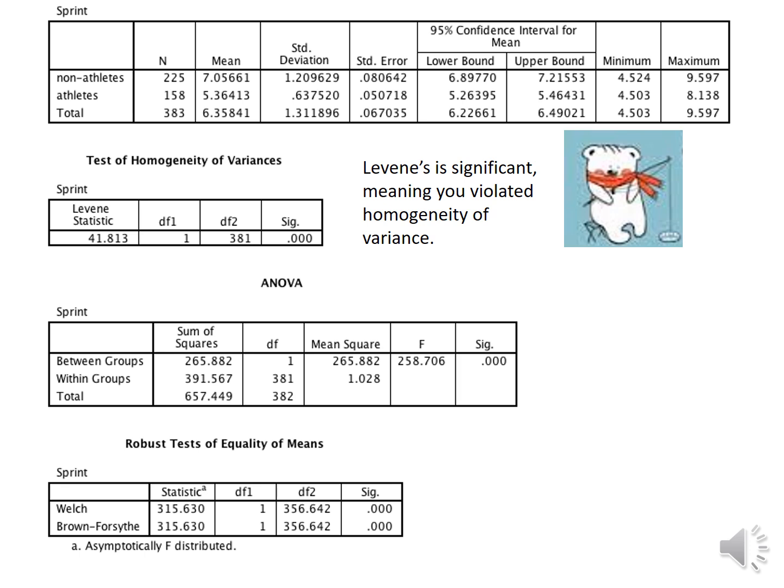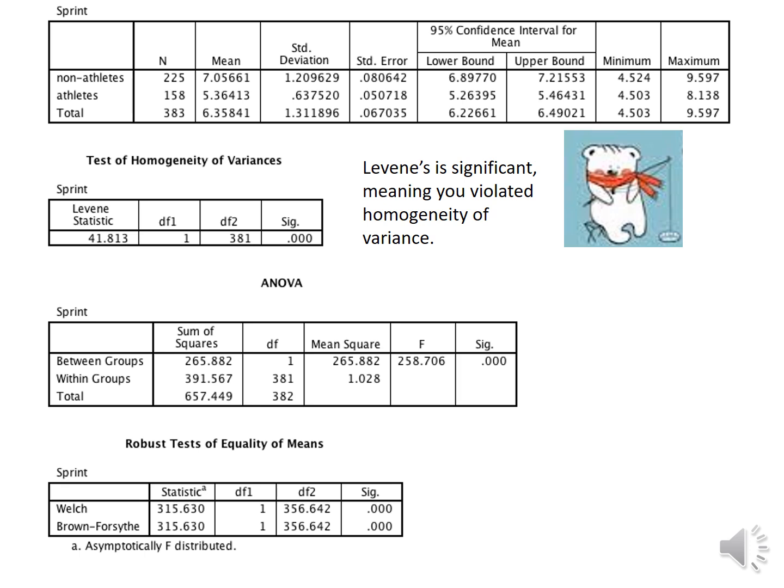Given that there is significance in Levene's, meaning they are significantly different, the data that we have for this specific statistics problem did not meet the requirement to use ANOVA, which is that our data should be homogeneous.